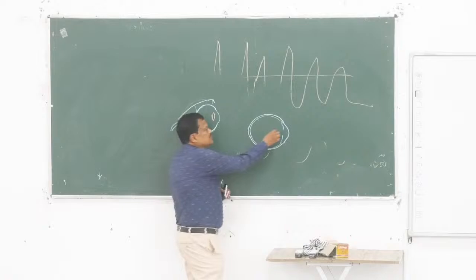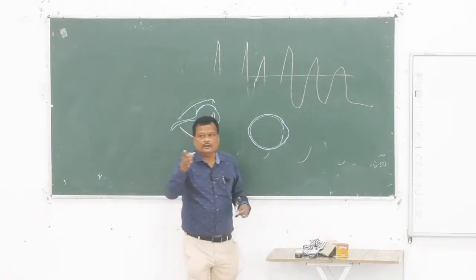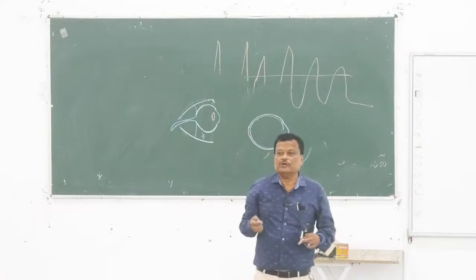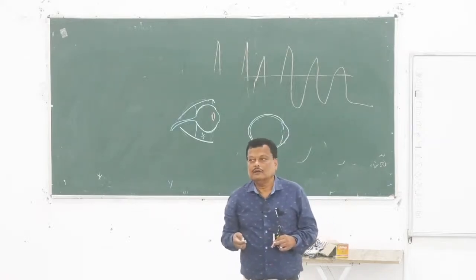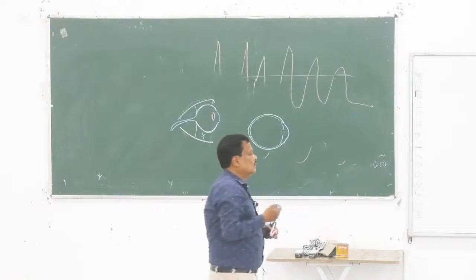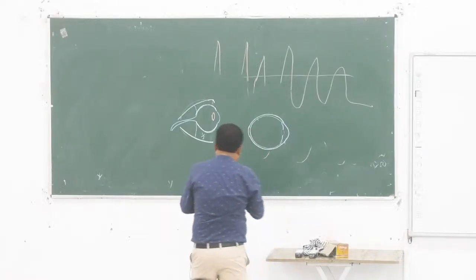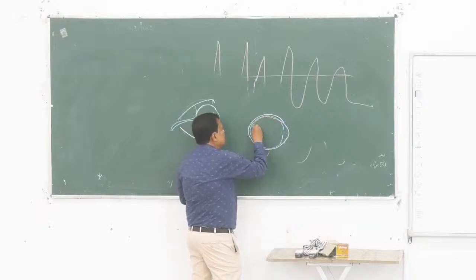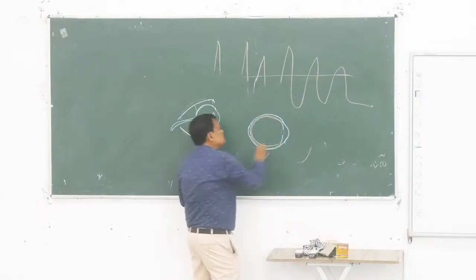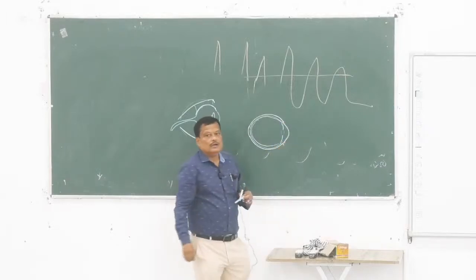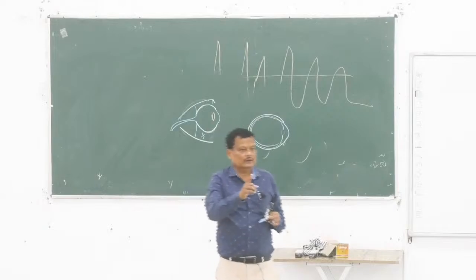In the iris, there is an aperture, and we call it, what do we call it? Yes, pupil, pupil. Okay, and last coat, as you already know, is the retina, which ends here, and this junction is known as the sclerocorneal junction.